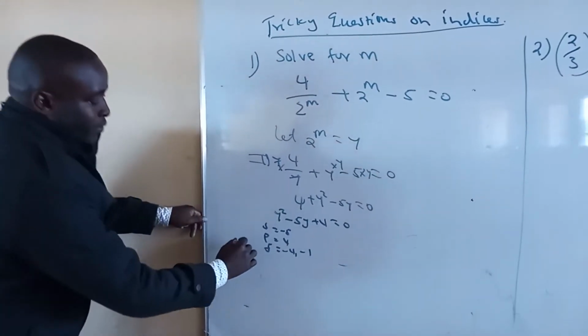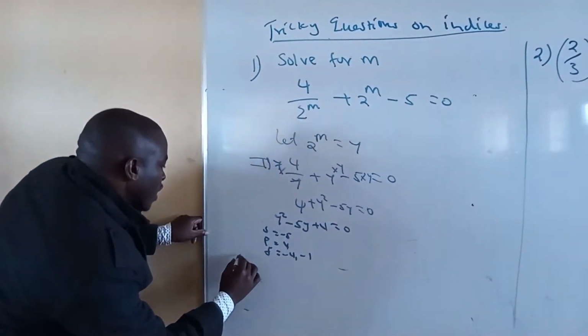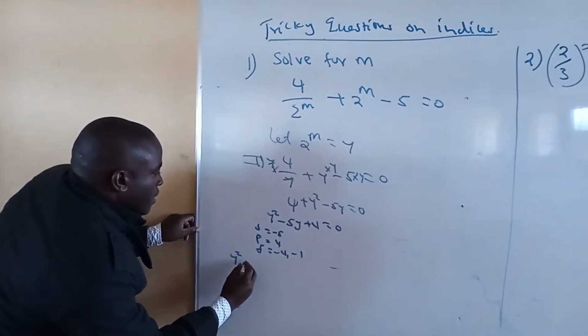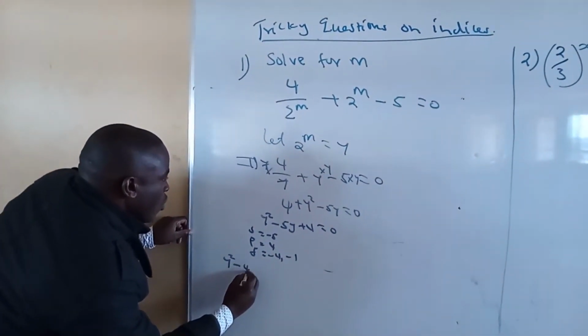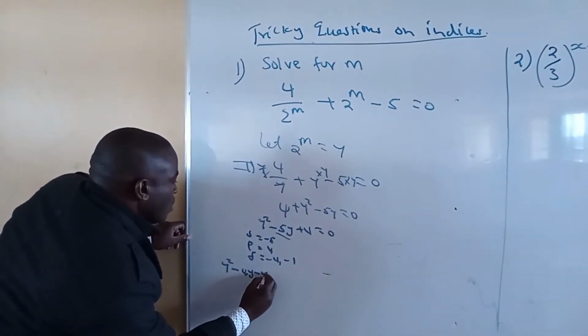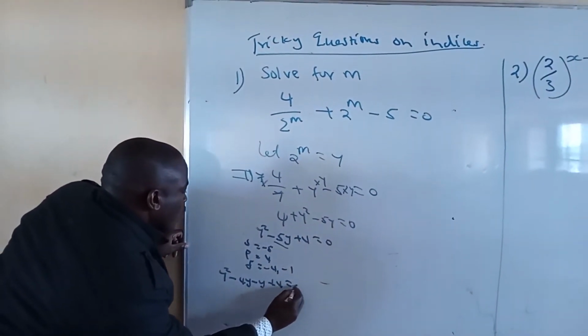So if I factorize there, by factorization it means that y squared minus now 4, instead of this I replace with the 4y, then minus y plus 4 equals to 0.